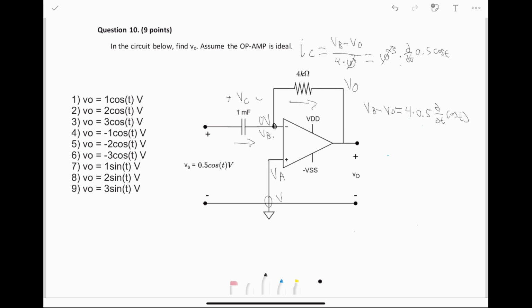Do a little bit more simplification. Remember, VB actually equals 0, so this thing just goes to 0. We get negative V naught is equal to 2 times the derivative of cosine t, negative sine t. And then we just multiply both sides by negative 1, and we get that V naught is equal to 2 sine of t. And that is the solution to that problem.